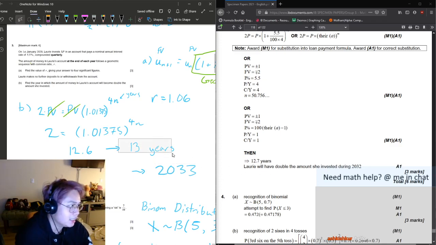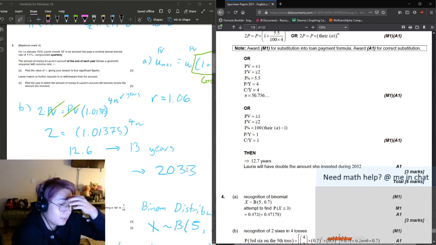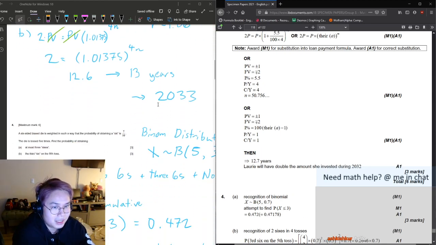So remember how I said I rounded up? She will get it during 2022, just 0.6 of the year in. So I guess technically, if you really wanted to talk about what year she's gonna get it, she would get it in 2032 and not in the year 2033. Oh well, math is fine.